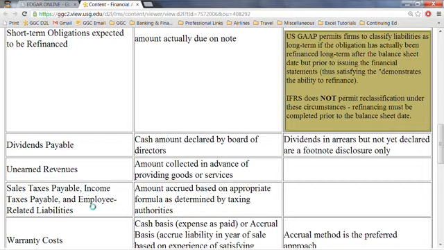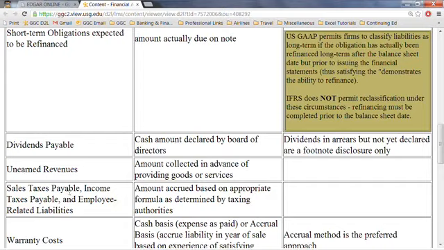Same thing happens with income taxes payable, employee-related liabilities, FICA withholding, income tax withholding, and so on. Again, the business enterprise is simply acting as a pass-through entity to the appropriate taxing authority. But all of those are going to be classified as current liabilities.